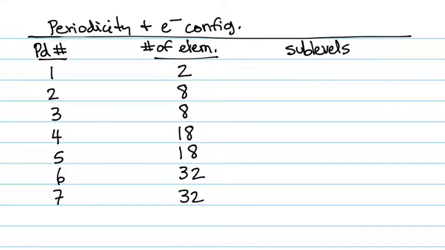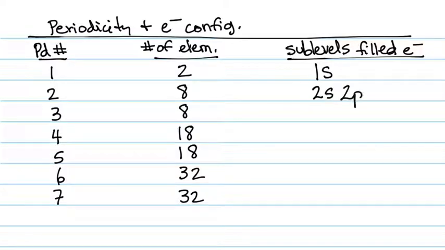These are the sublevels that are being filled with electrons. And here we go. So period 1, the 1s sublevel is being filled. In period 2, you fill up 2s and then 2p. In period 3, you fill up 3s and 3p.